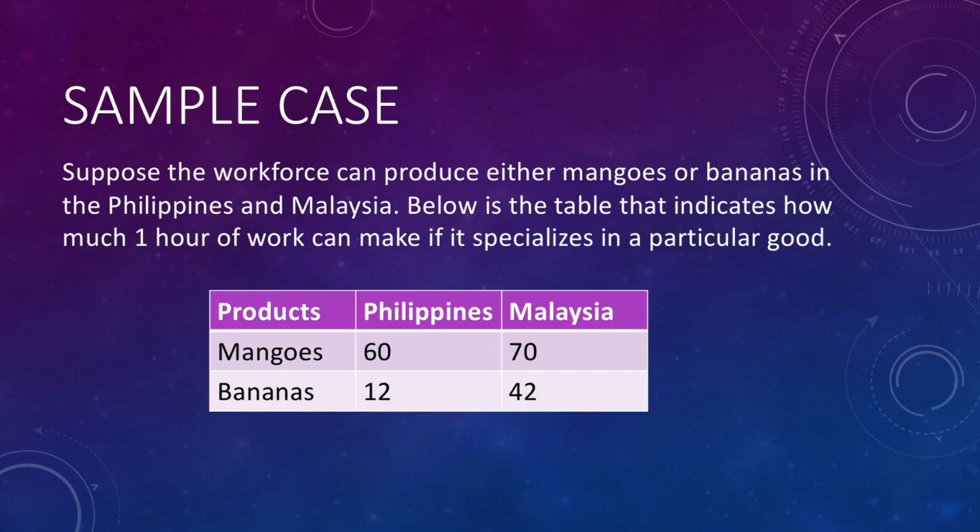Philippines can produce 60 mangoes per labor hour. Malaysia can produce 70 mangoes per labor hour. Philippines can produce 12 bananas per labor hour, while Malaysia, that's 42 bananas per labor hour.